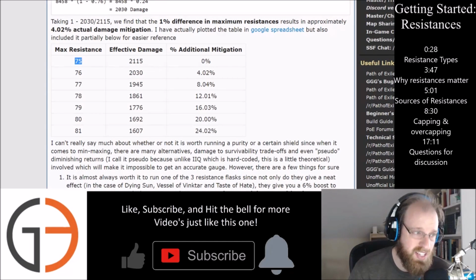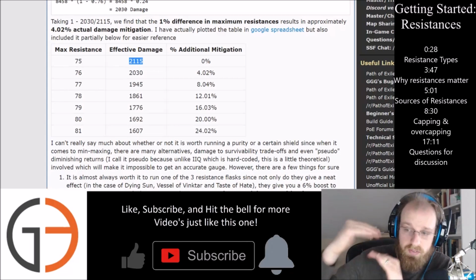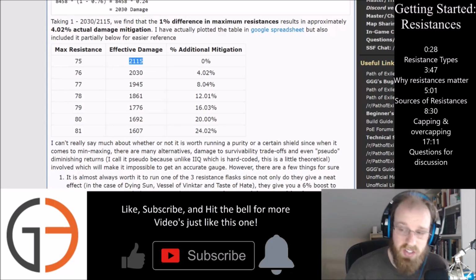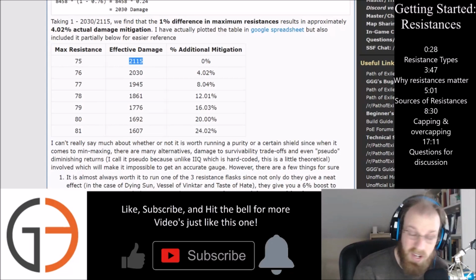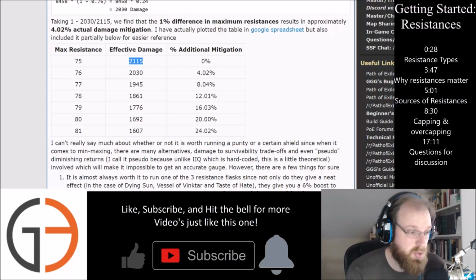If your max res is at 75%, this is how much effective damage you take, versus as you are able to invest more points in your maximum resistance, and this is why you'll see so many players that play hardcore or that are pushing for 100 try to get their maximum resistances as high as they can. Gem sources like the purity gems are wonderful ways to also increase your max resistances.